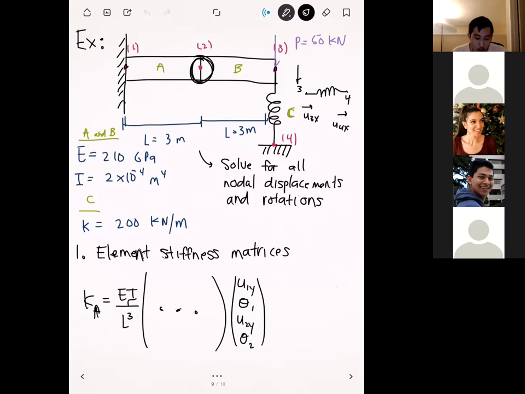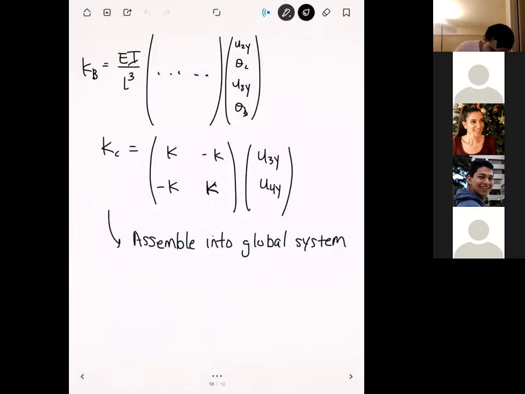Since nodes 1, 2, and 3 are on the beam, we're going to have transverse displacements and rotations at all of those nodes. So let's list out our degrees of freedom. First we're going to have u1y, theta 1.